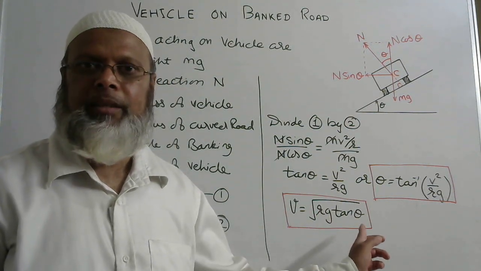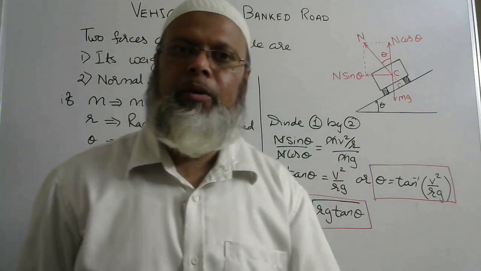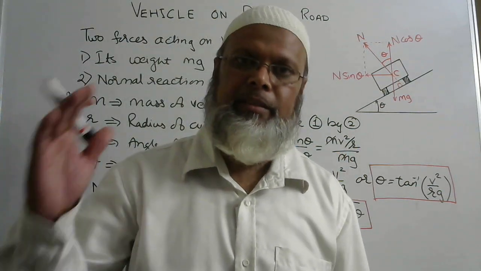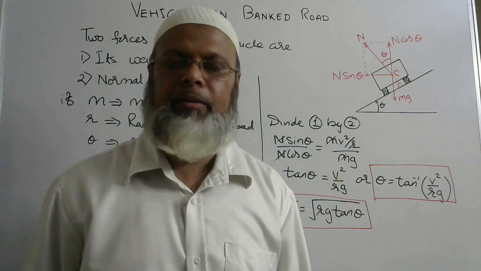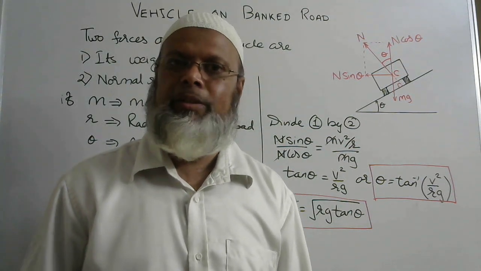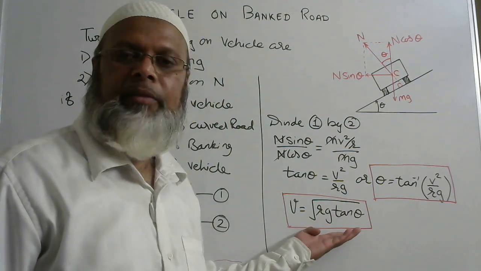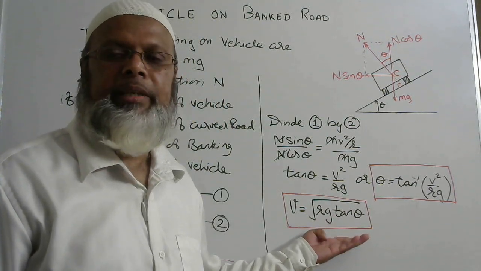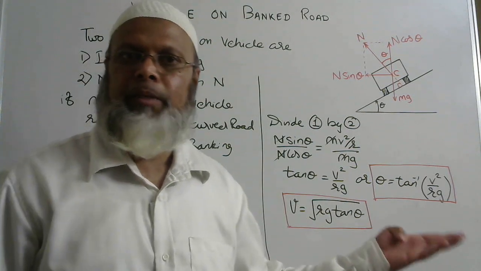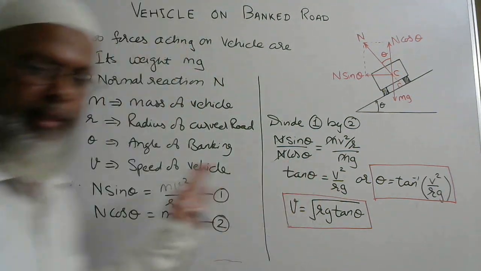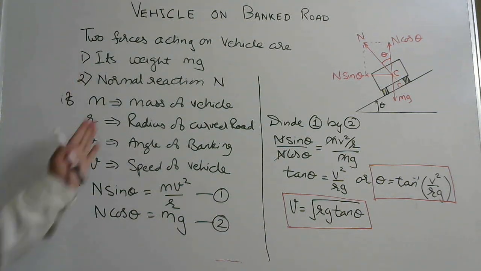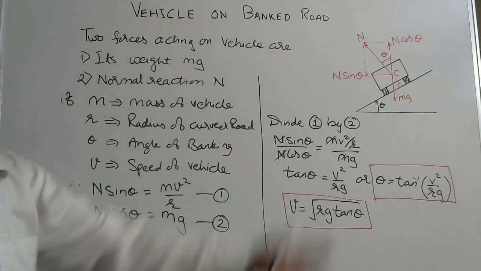There is no mass. So irrespective of the mass of the vehicle, whether it is a Maruti 800 Alto or a truck of 16 wheels, this expression will be the same for all vehicles irrespective of their mass. Okay, this is what we have studied today, that is vehicle on banked road.